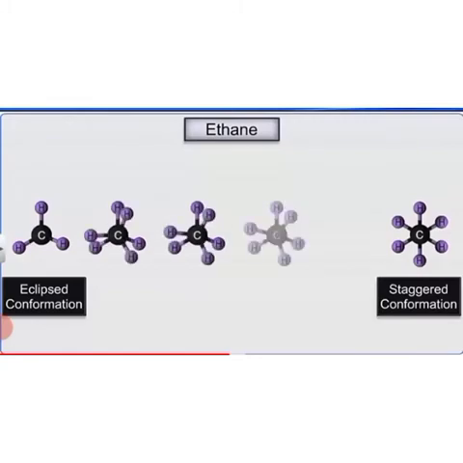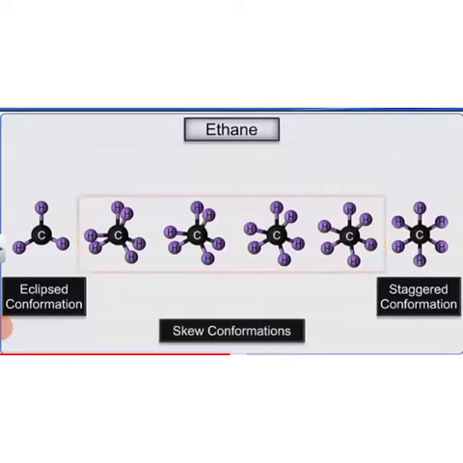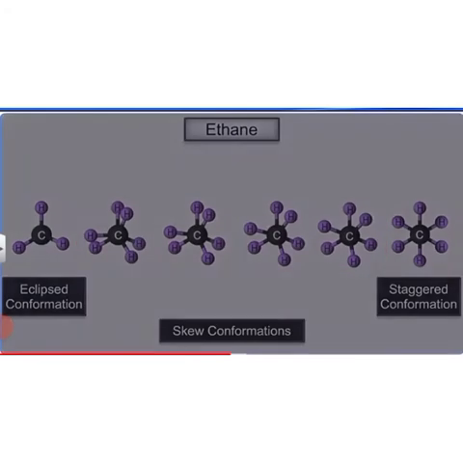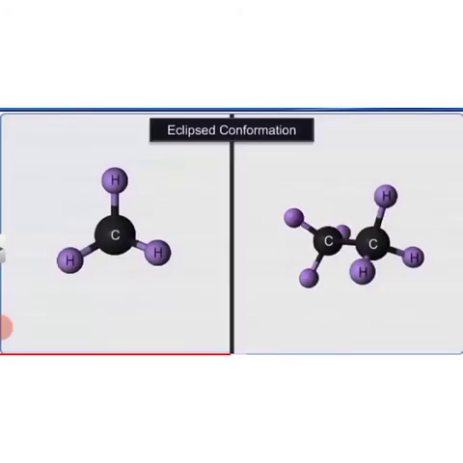All the arrangements between the eclipsed and staggered positions are known as skew conformations. In the eclipsed conformation, the molecule is the least stable as the repulsive force between the electrons is the maximum.